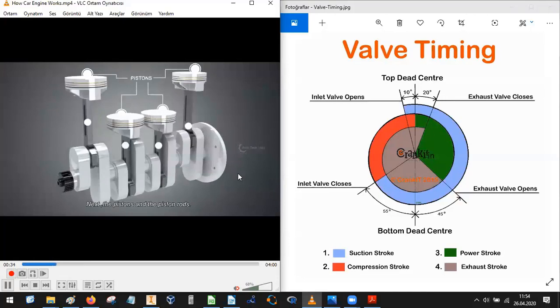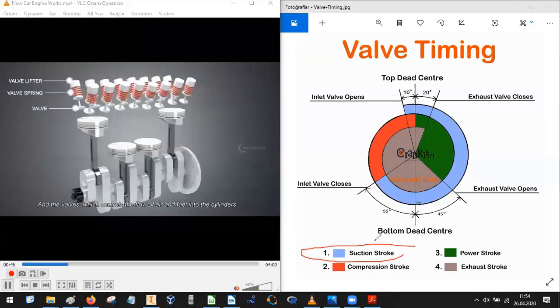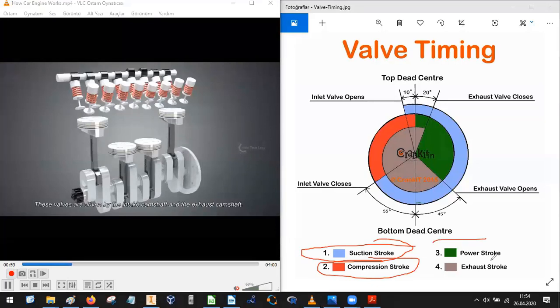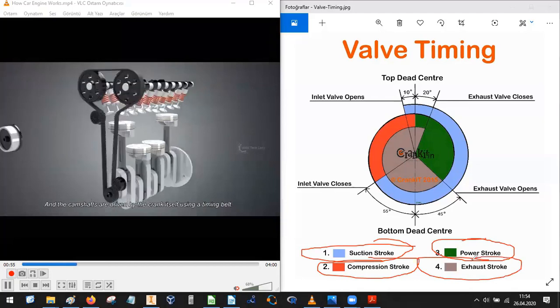We have 4 cycles: the suction cycle, compression cycle, the ignition and power cycle, and the exhaust cycle in an engine.